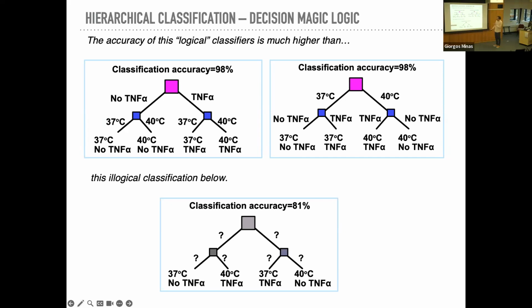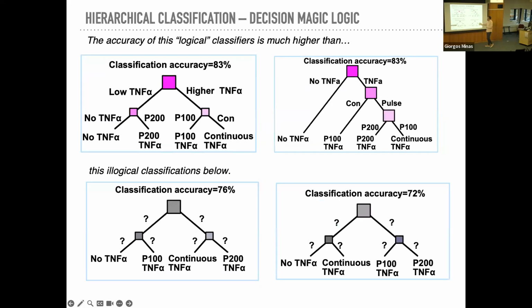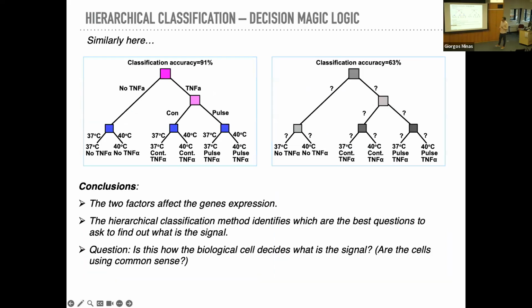And I see that in all combinations that I'm making, for example, low TNF alpha, higher, and so on, asking for the hierarchy things or adding more levels, I always get that the classification accuracy for the sensible ones is much better than for the other ones. So see the comparison. Now this is something that I'm still trying to get my head around exactly.